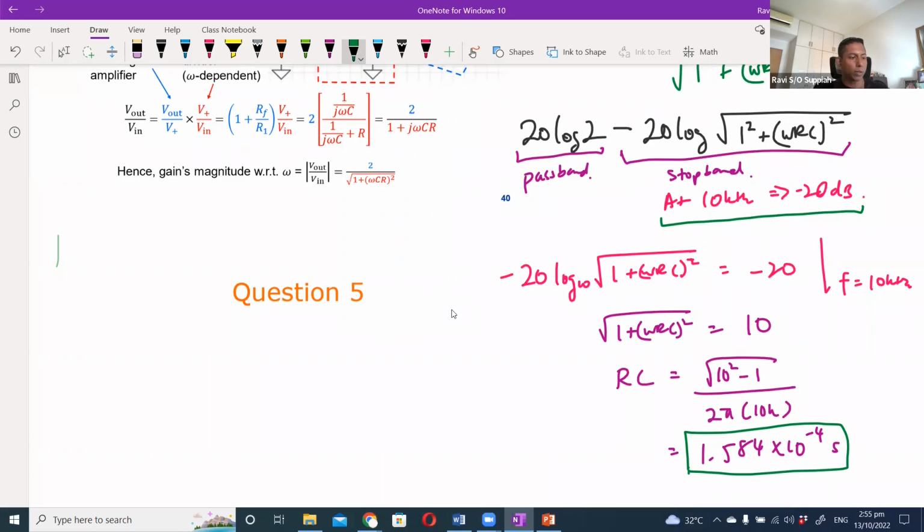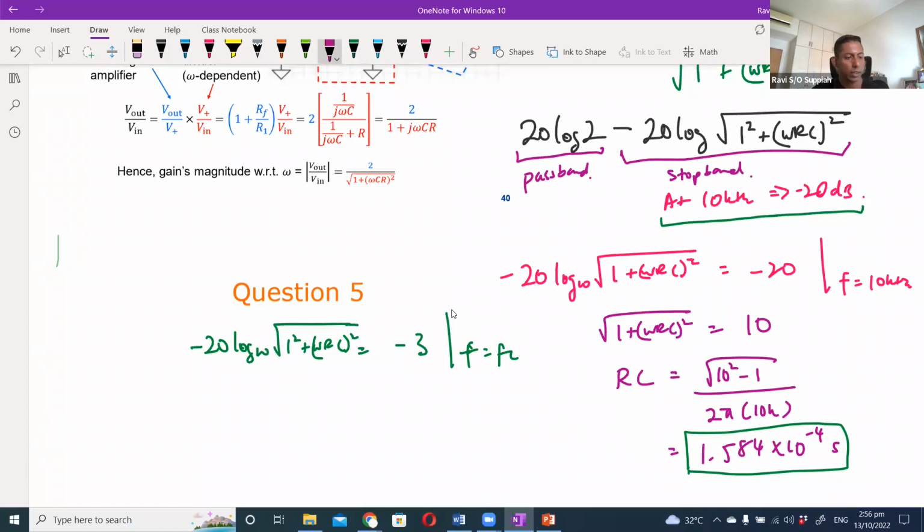So for this second component, we can say that minus 20 log to the base 10 of root of 1 plus (omega RC) squared must be equal to minus 3 when F is equal to FC. When F is equal to FC, then we know that the reduction is minus 3 dB. So it's the same expression, but now we are working with a different F.